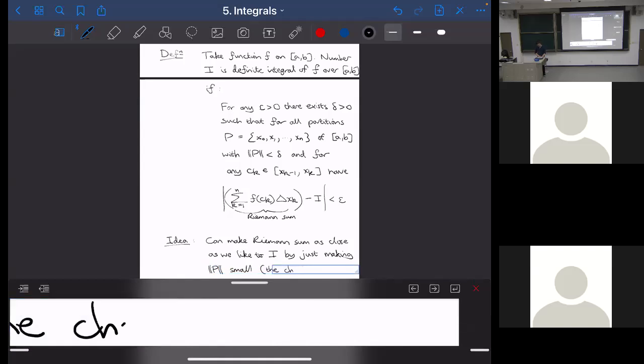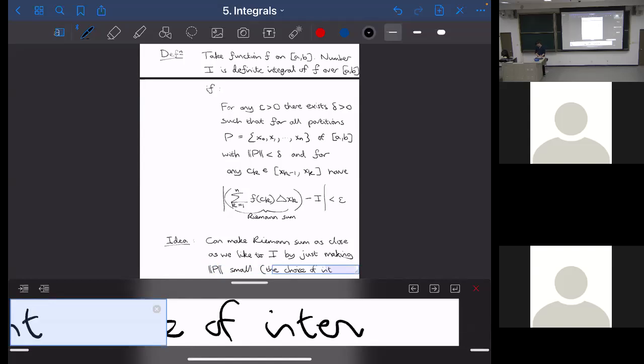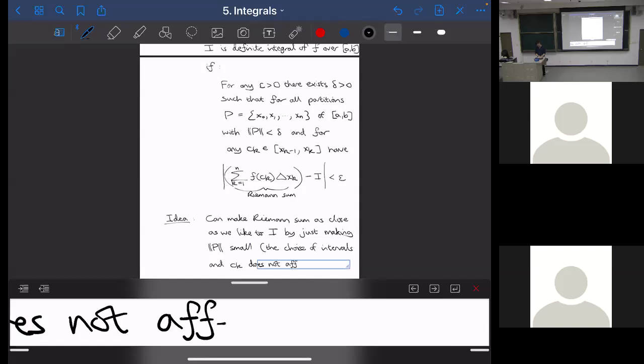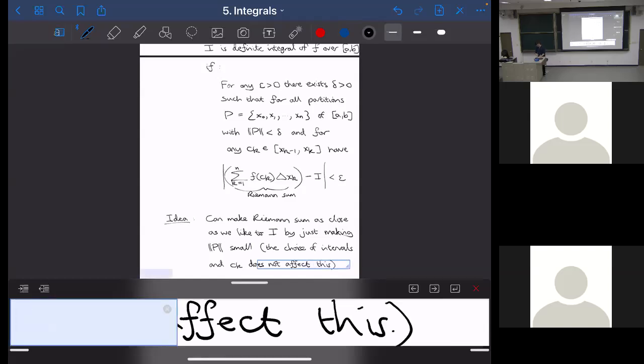The choice of intervals and ck does not affect this. Okay, so that's the definition.